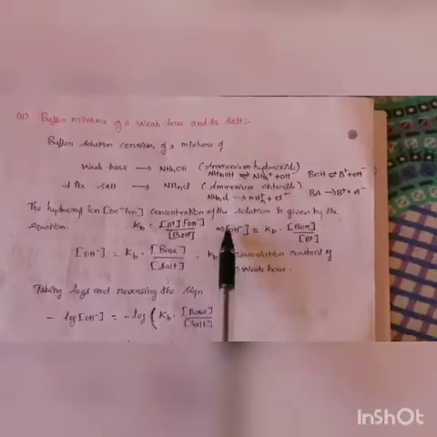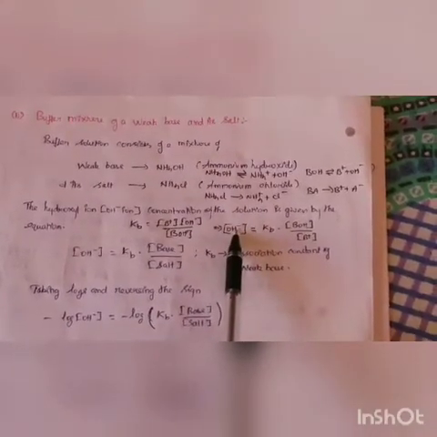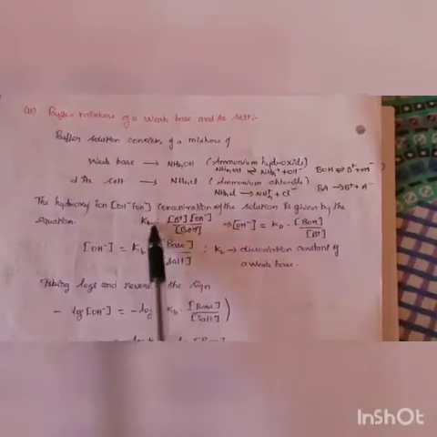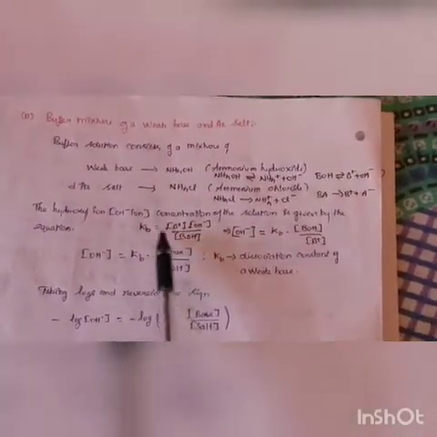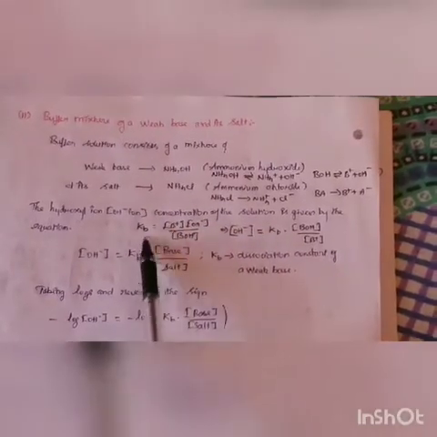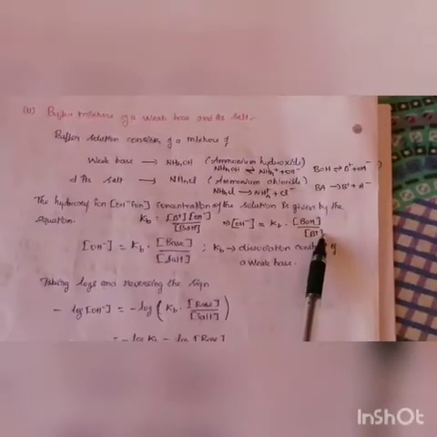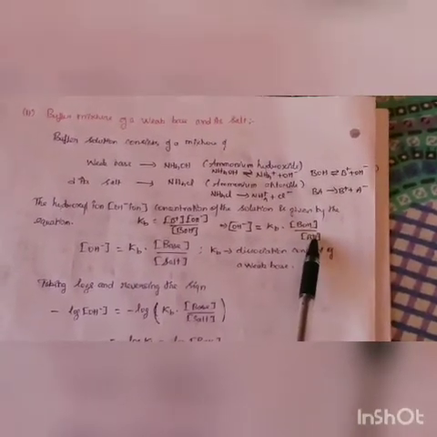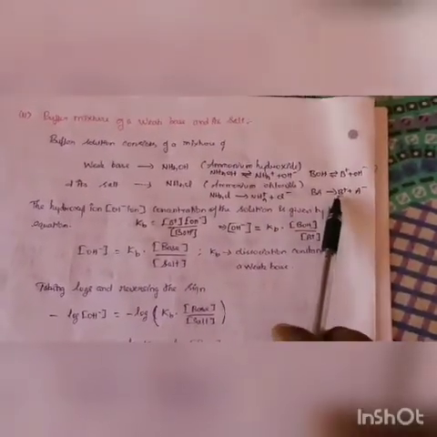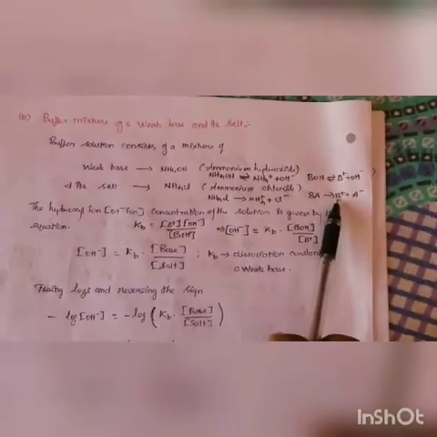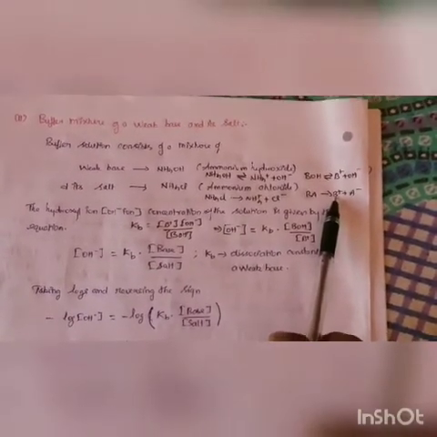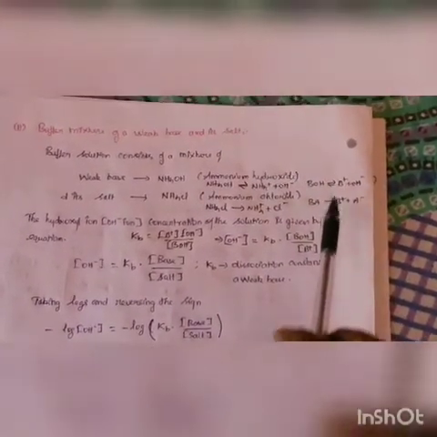Therefore, the OH minus concentration is equal to Kb into the concentration of BOH divided by the B plus concentration. Here B plus represents the complete dissociation of the ammonium chloride salt, according to the common ion effect.